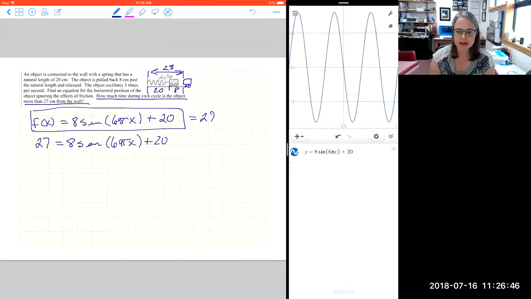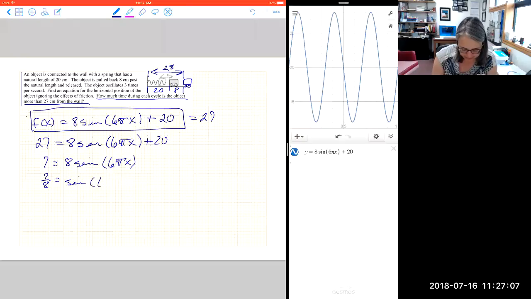So first start by isolating our trigonometric function. We're going to subtract 20 from both sides. So we end up with 7 equals 8 times the sine of 6 pi x. Now divide through by 8. So we get 7/8 equals sine of 6 pi x.